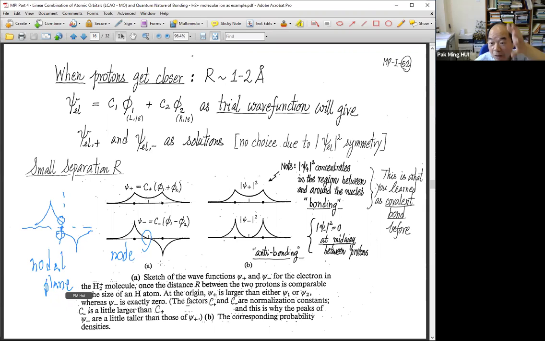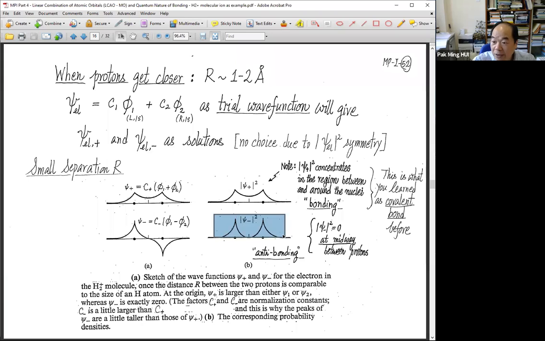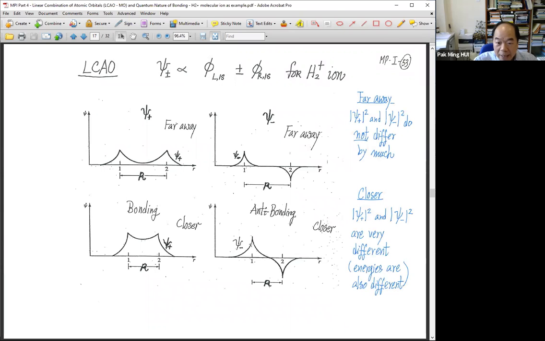A plane where there's a zero in the wave function, okay? And by R, you see that this is of higher energy, should be, right? More curly, things like that. And then if you square it, this is the probability density of the electron. You see that you will have no probability in the midpoint, midway between the two protons, the two nuclei, okay? So summarizing, these two LCAO will form two possible molecular states.